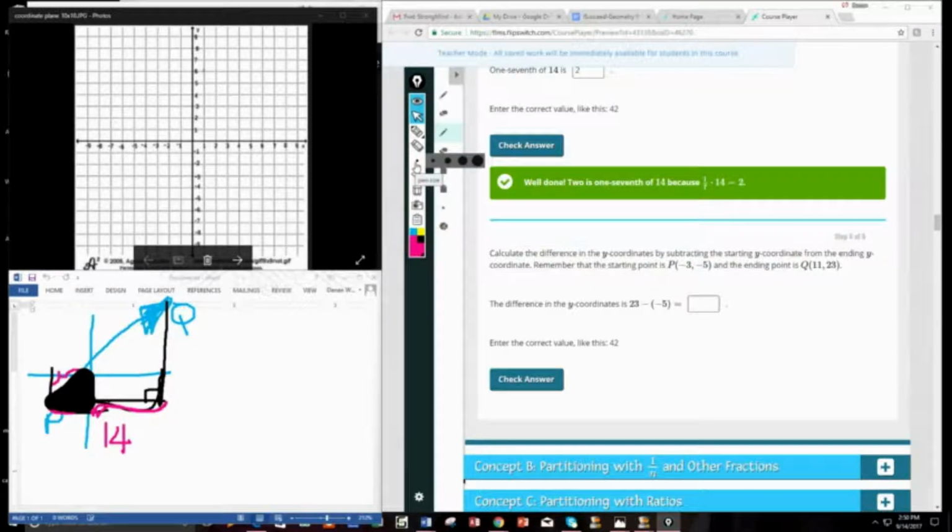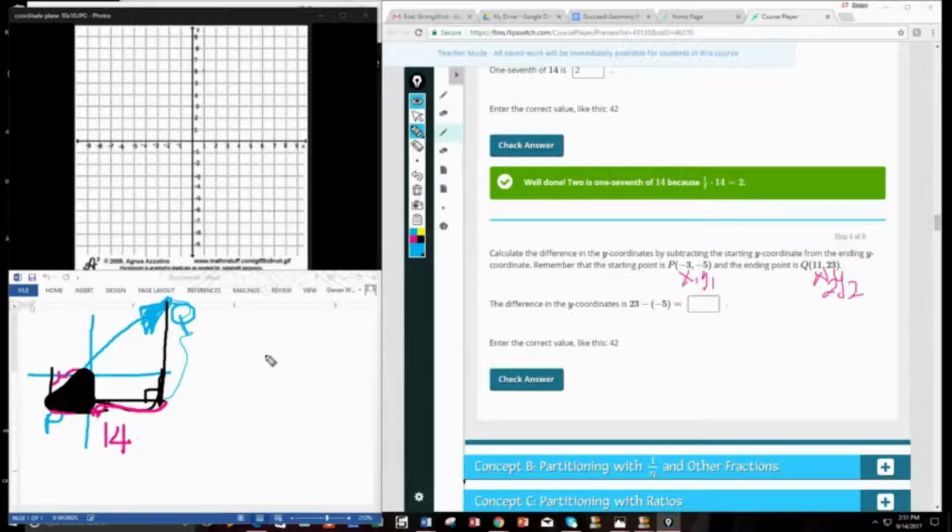Okay, again, it's because we have a direction. Q is our x2, P is our x1, x2, y2, x1, y1.